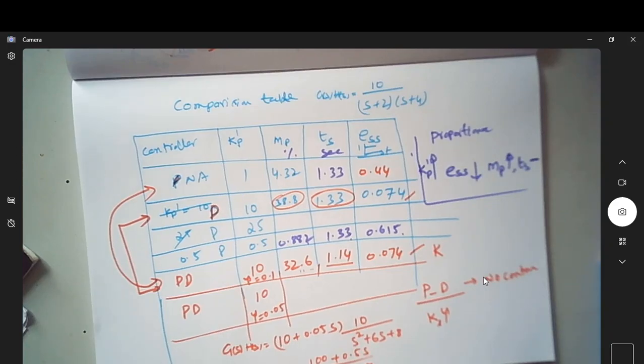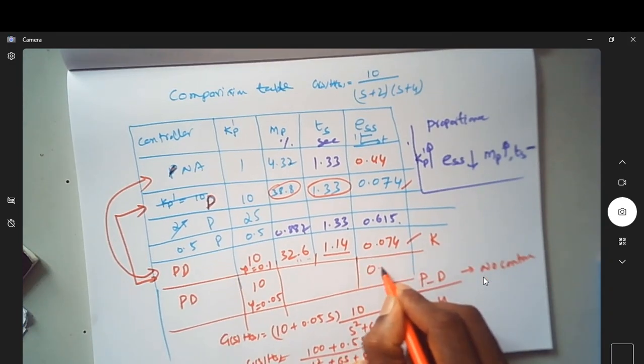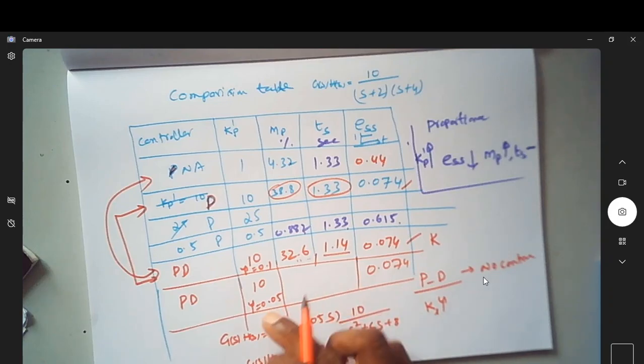This is my G(s) H(s), and of course there is no change in the denominator. This ESS remains 0.074 even if you change this to 0.05, that is very evident.